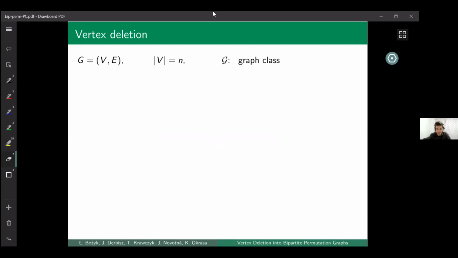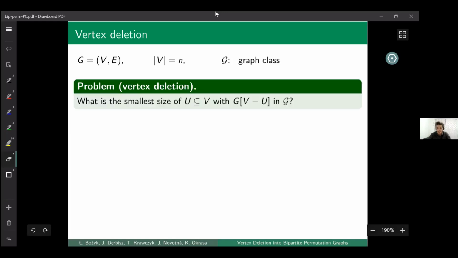Like if they are in general NP-complete, we can restrict our attention to a graph class, and we have better ways to do it, and so it's natural to try to detect how close a graph is to a particular graph class. And in the classical setting, vertex deletion, we want to find the smallest possible set of vertices whose removal gives us a graph which is in our favorite class.